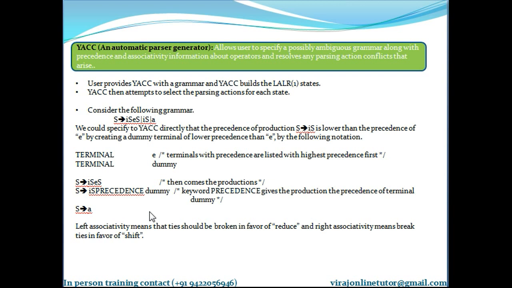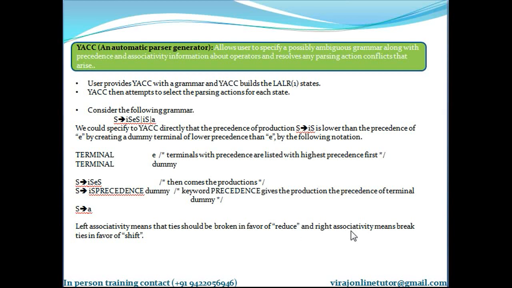So please remember, for left associative operators, ties are broken in favor of the reduce operation. You have S standing for shift, R standing for reduce in the parsing tables that we created, right? So suppose the operator is left associative, then ties should be broken in favor of reduce.